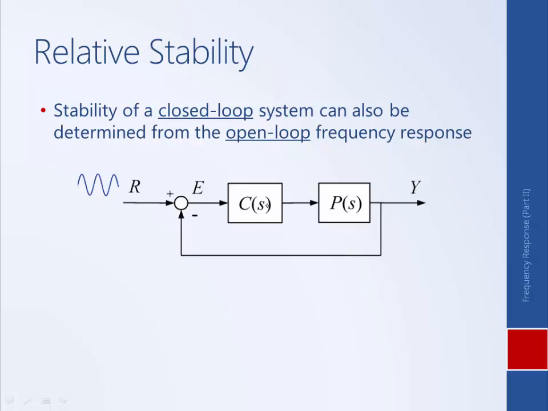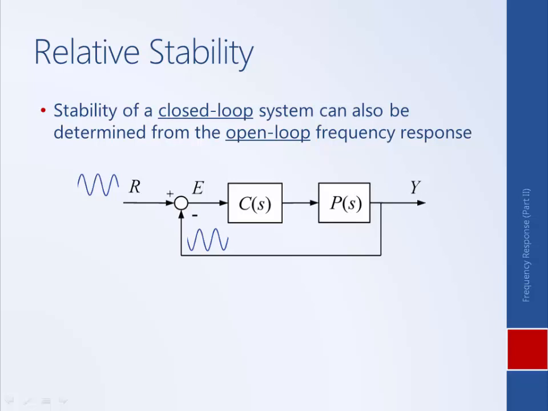Going through the open loop system, the sinusoidal input will be scaled and shifted as compared to the input sinusoid in steady state. So we put in a sinusoid of one frequency. Once it goes through the loop, we'll also have a sinusoid of the same frequency, but it may be amplified or attenuated, and it may be shifted in time.